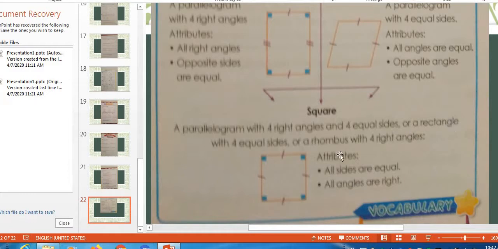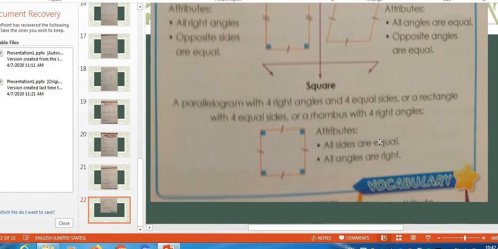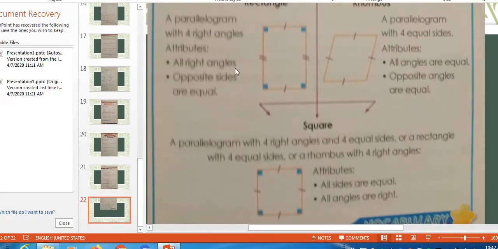Or a rectangle with four equal sides. All sides in the square are equal, all angles are right. Okay, moving to the other slide.